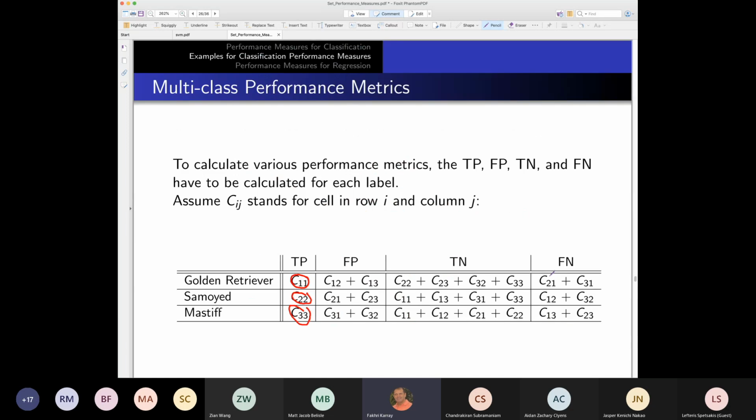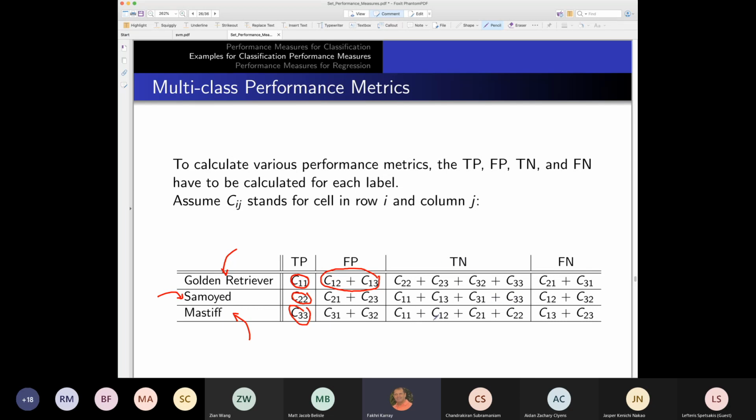So this table expresses very well the values for the false positive with respect to this class. This is false positive with respect to the samoyed here. And this is the class, the mastiff. This is the true positive. This is the false positive. And this is the true negative. So if we look at the true negative with respect to the mastiff, this is the area.